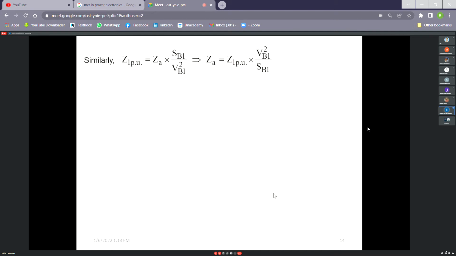Now generally we frequently require the impedance value and the voltage value in per unit calculation. Why? Because when we do per unit calculation, we want to represent a power system by a circuit. Now when you draw a circuit, you rarely write admittance there.